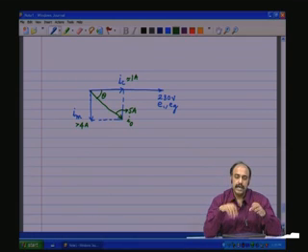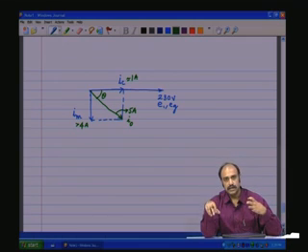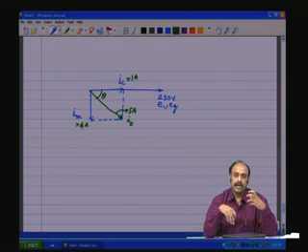Now, all the flux that is produced by the primary does not link all the windings on the secondary, and all the motive force generated by the secondary current I2, which is N2 I2, is not going to link with the primary. So, there is going to be some flux which will not link with the other winding, and that is called the leakage flux.